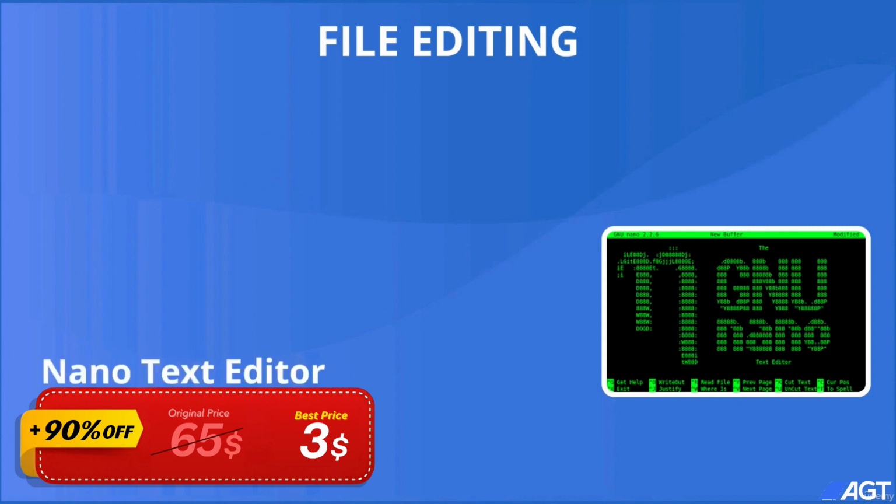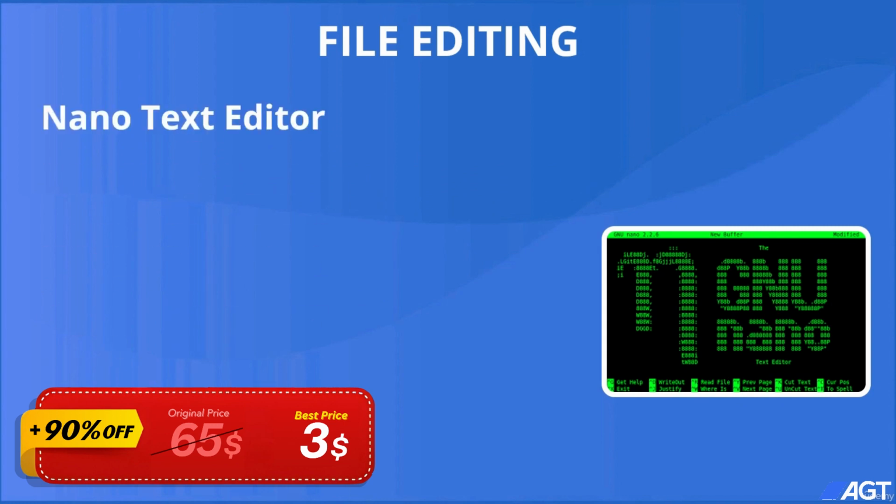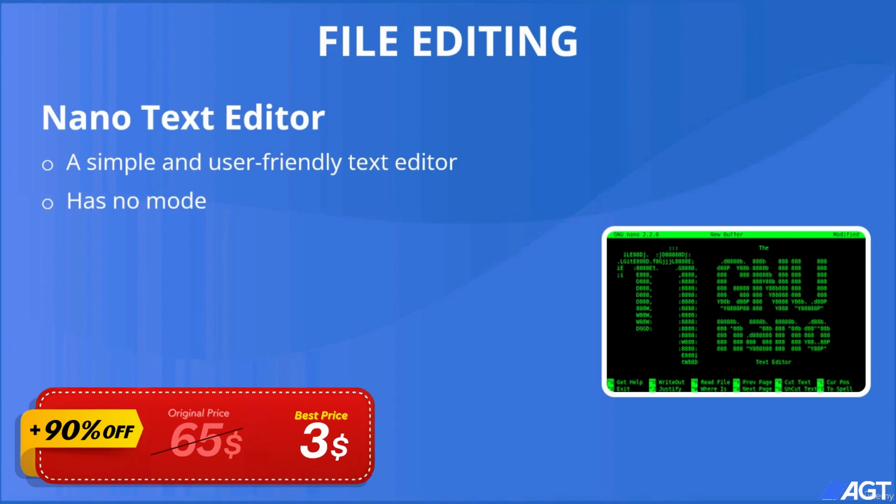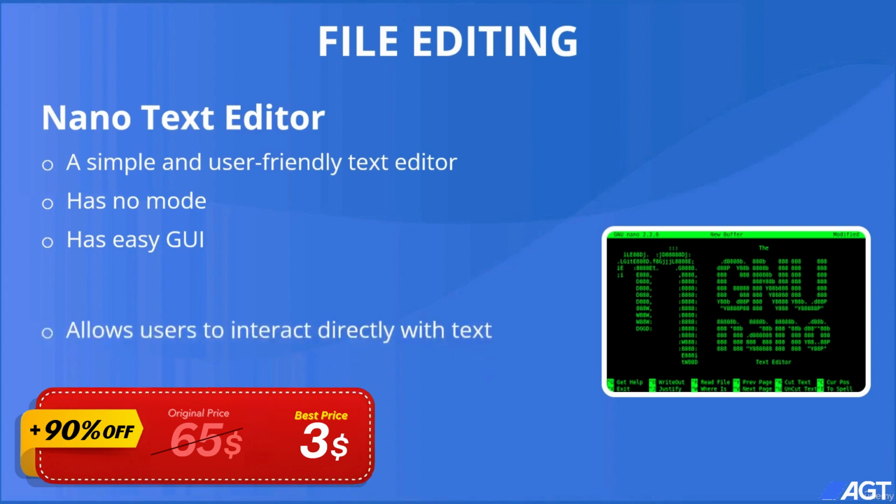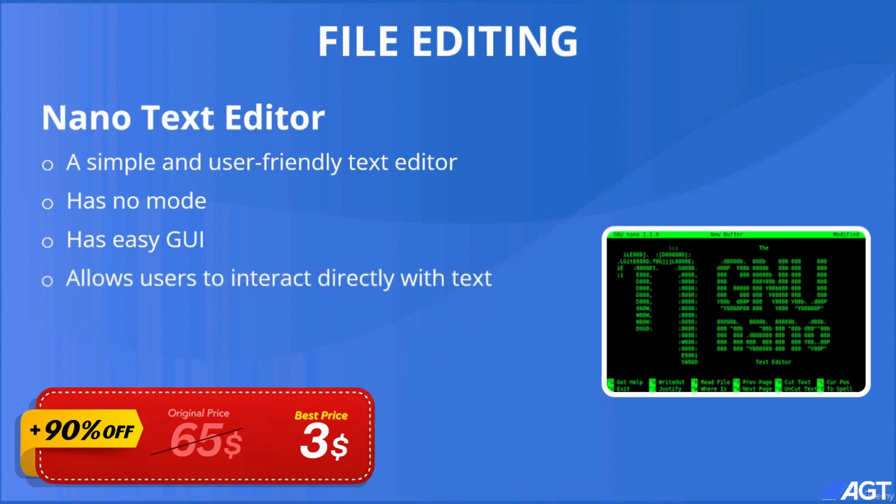Now, have you heard of Nano? Well, Nano is a simple and user-friendly text editor. Unlike other command line editors, for example Vim, it doesn't have any modes. It has an easy-to-use GUI, or graphical user interface. It allows users to interact directly with text, although it switches between modes, just like the Vim editor.